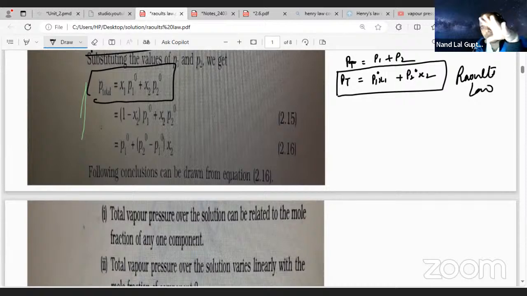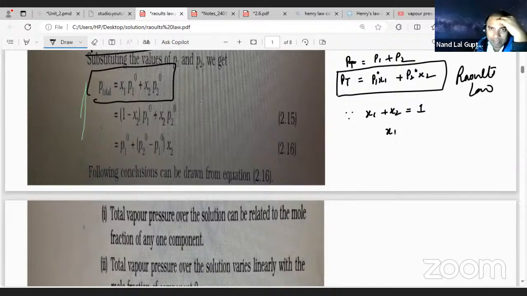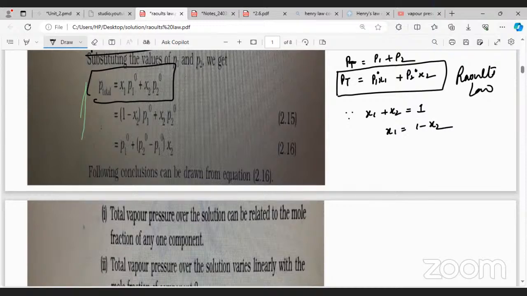Now Raoult's law is saying that the total pressure can be related to the mole fraction of any one of the components. If you know the mole fraction of one component, we can correlate the vapor pressure. Since x1 plus x2, how much will it be? The sum of mole fractions is 1. So x1 is equal to 1 minus x2. Can we write? Yes, sir.